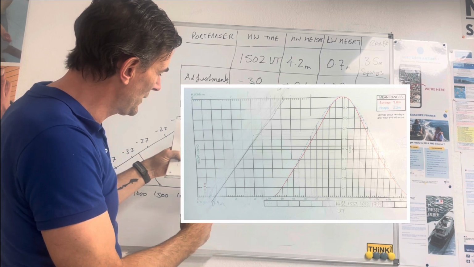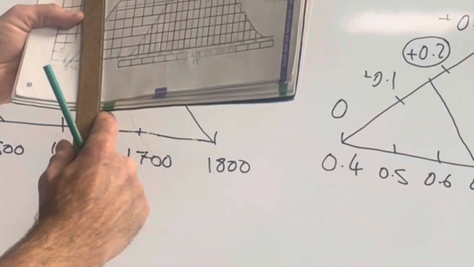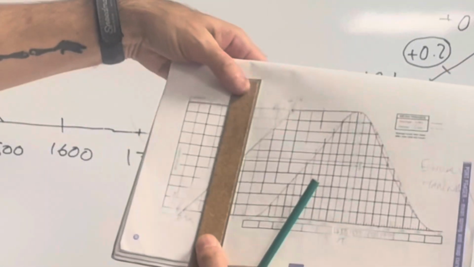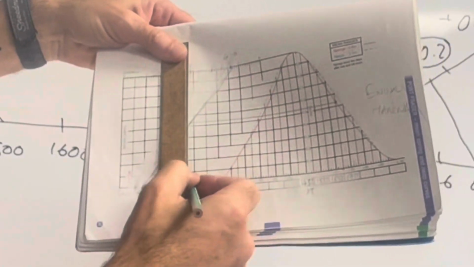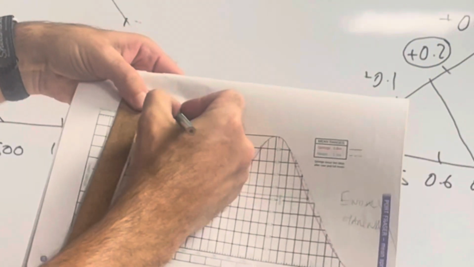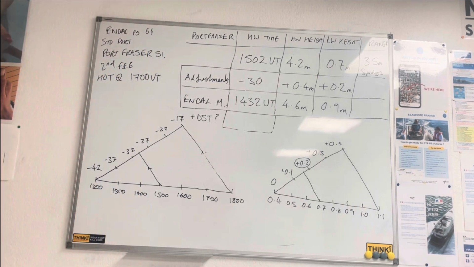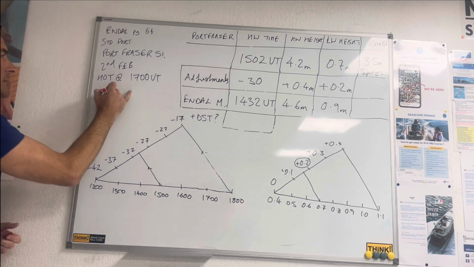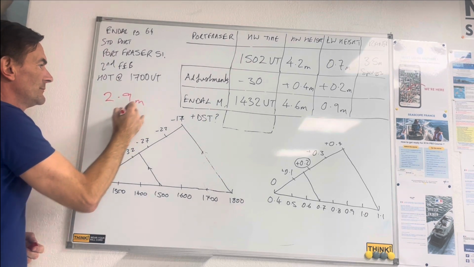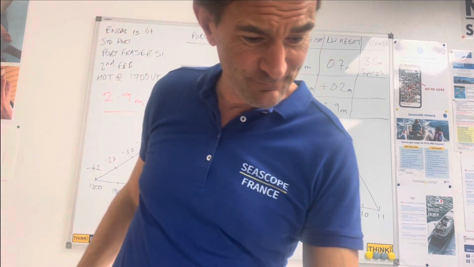Keep it nice and straight across to your scalar line, and then you can read that up or down there. And I can just show you that that comes out as 2.9 for the height of tide in the secondary port. At 1700, 2.9 meters. Easy, yeah?